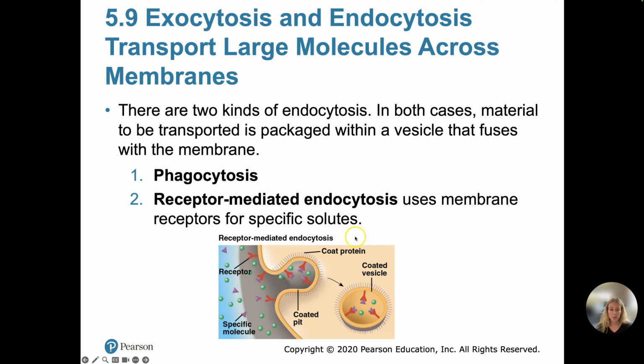So the membrane receptors bind to specific solutes based on their shape. Notice that all these membrane receptors have a Y shape, which is perfect for the purple triangle molecule. So the Ys bind to the purple triangles, and then that membrane will invaginate or pinch in and form a vesicle of whatever molecule they attracted with those receptors.